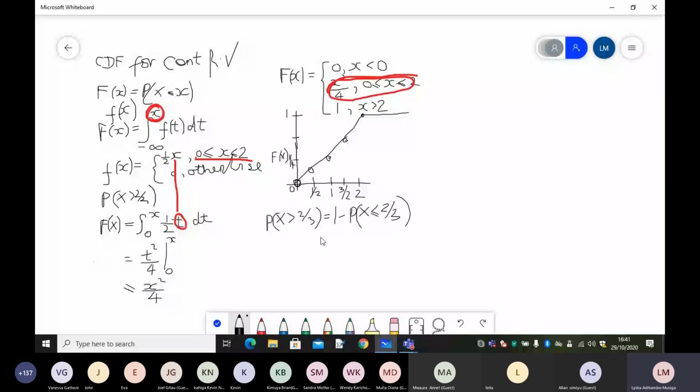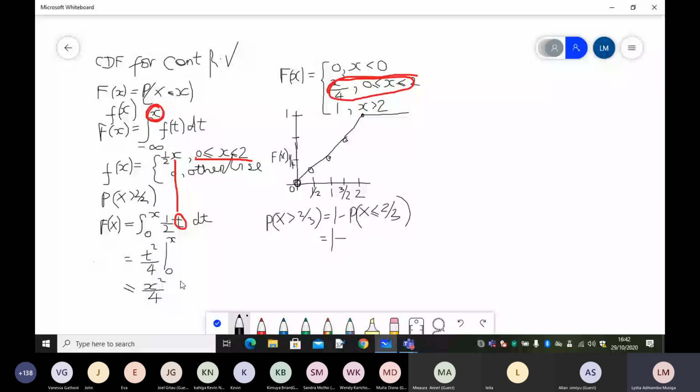And so we use our cumulative distribution function, 1 minus the probability that x is less or equal to 2 over 3. So we shall just substitute in x squared over 4, because that gives us the cumulative distribution function at the point x is taking value 2 over 3.